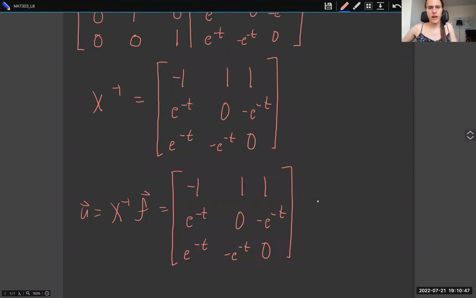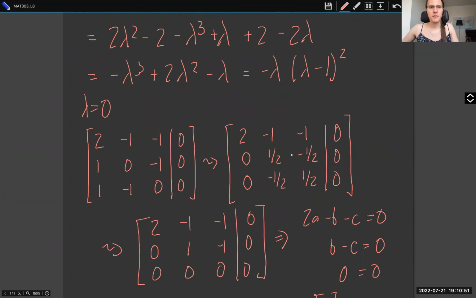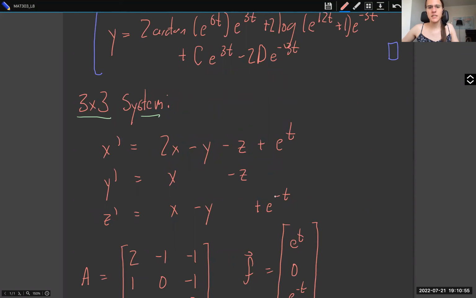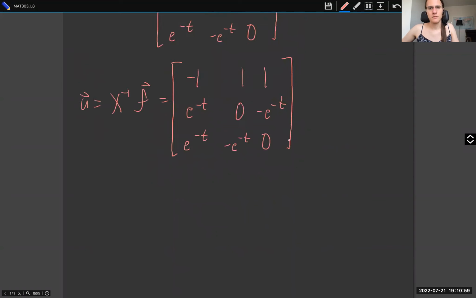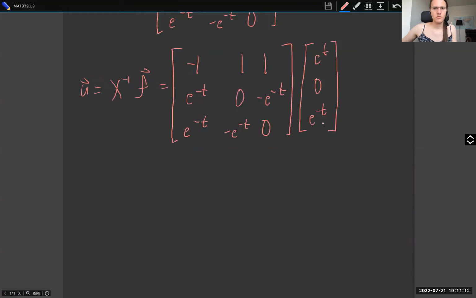And then if we look at what our f was in the original problem, it was e to the t, 0, e to the minus t. And well, let's just calculate that.